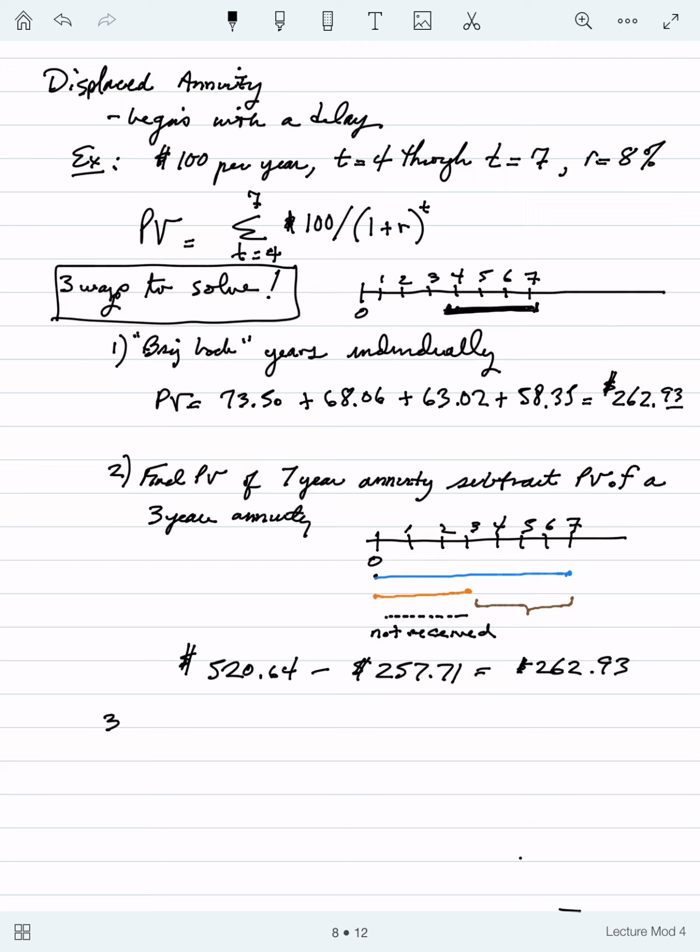All right, so the third way is to find out at the end of the year t equal 3, we could find the present value of a 4-year annuity and bring it back to the time period 0. Right, so imagine that you're at the end of t equal 3, and you want to find the present value of a 4-year annuity.